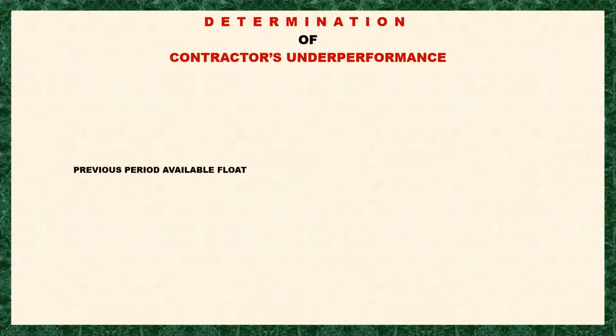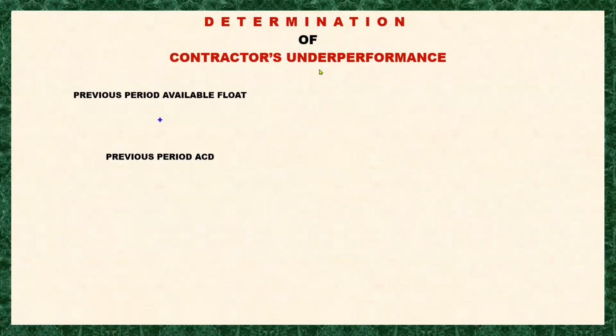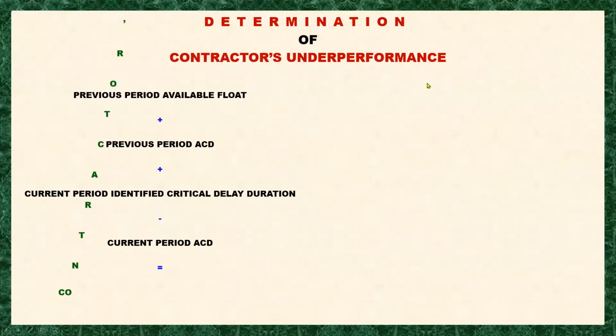Here is the determination of the contractor's underperformance, and the formula is previous period available float plus previous period ACD plus the current period identified critical delay duration less the current period at completion duration.